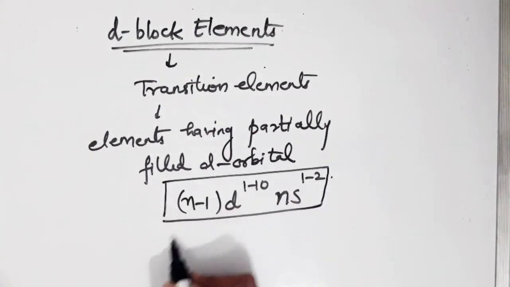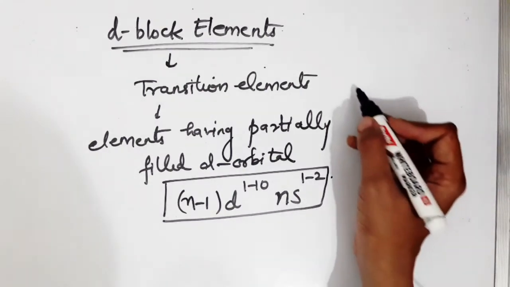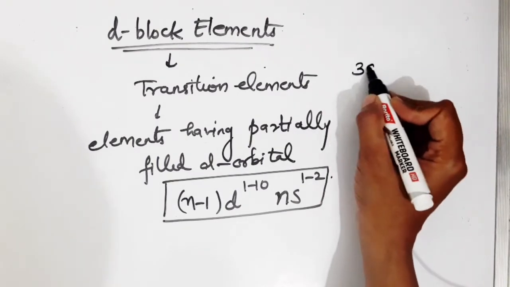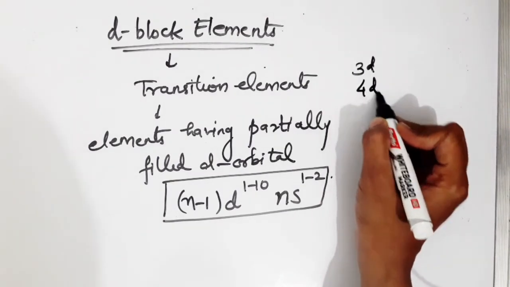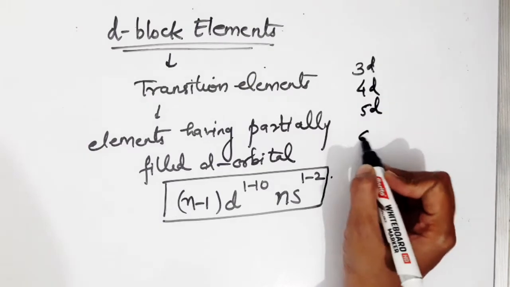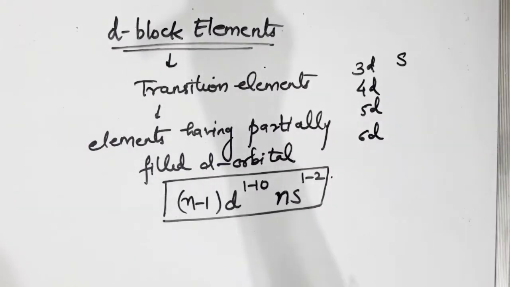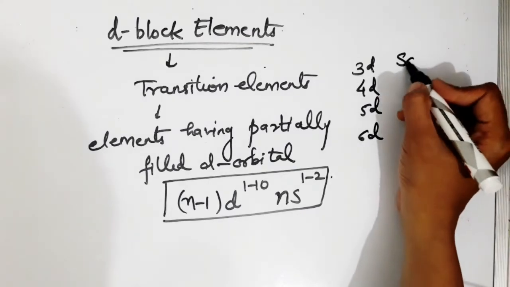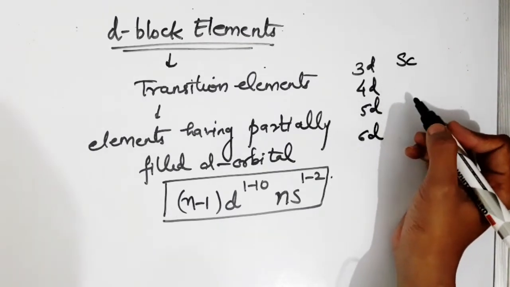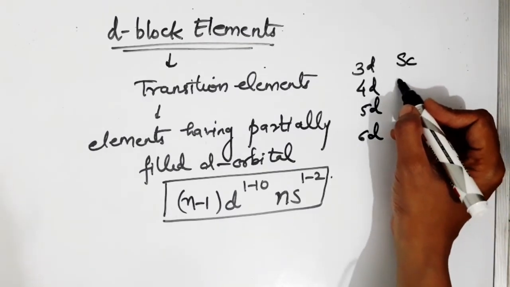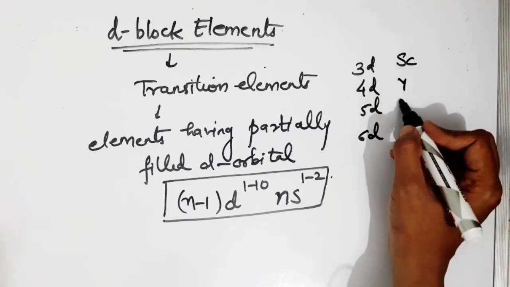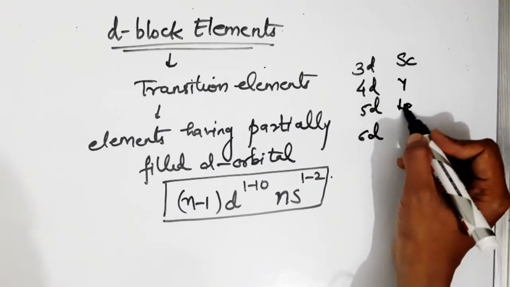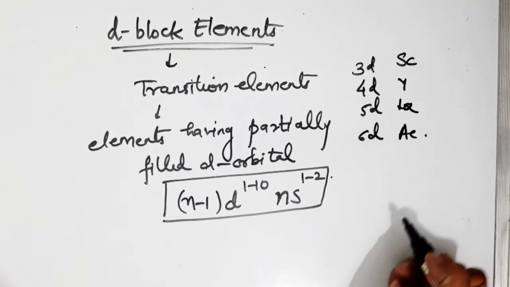Now talking about the electronic configuration of the first transition series. You should also know that there are 4 transition series starting from 3d, then you have 4d, then 5d and 6d. The 3d starts with scandium, then you have yttrium, then lanthanum and actinium.